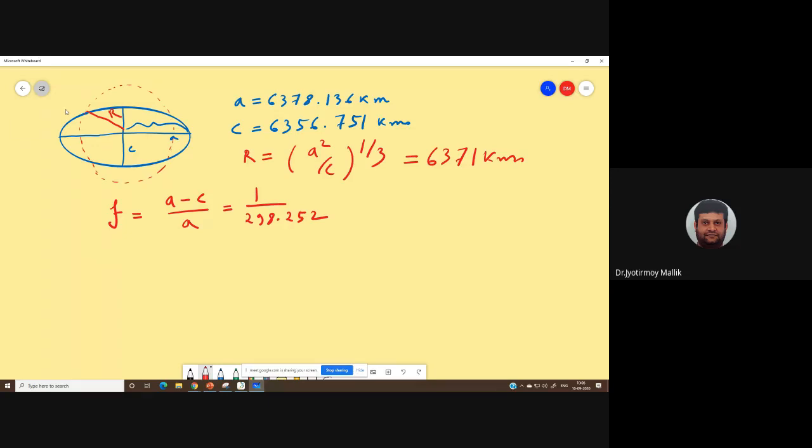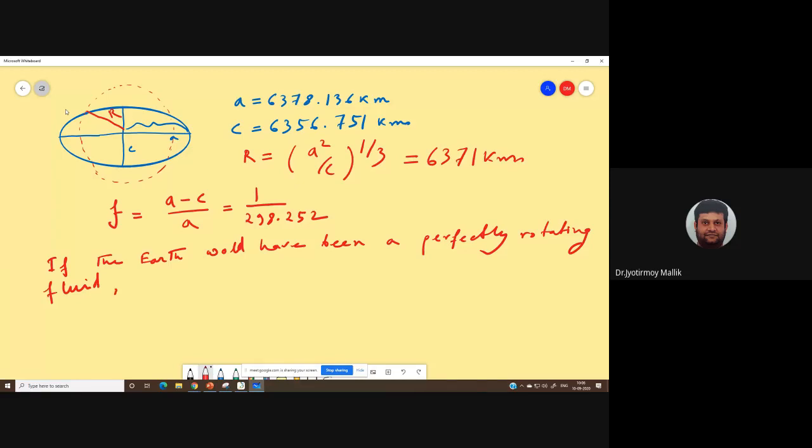Now, what people had theoretically shown is that if the Earth would have been a perfectly rotating fluid, then the value of flattening would have been 1 by 299.5.